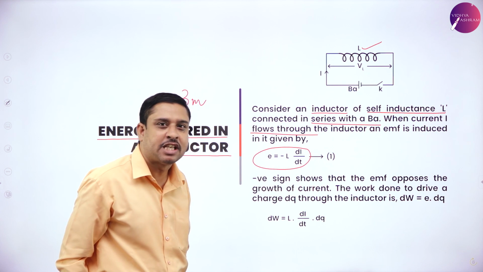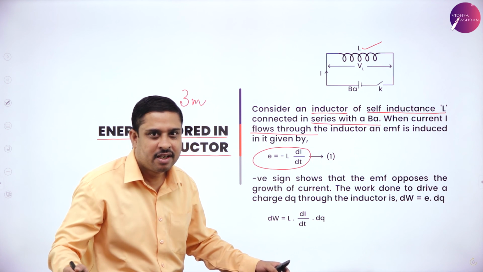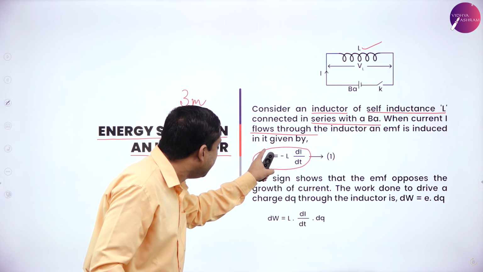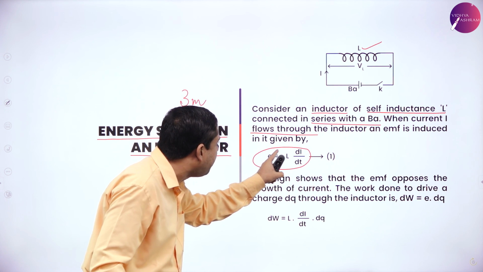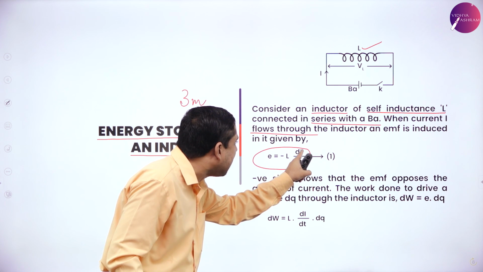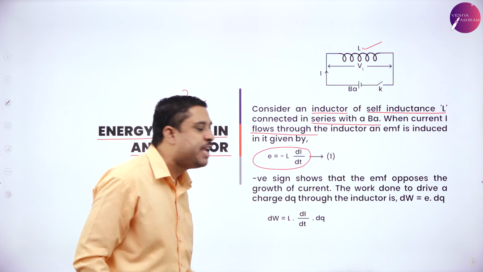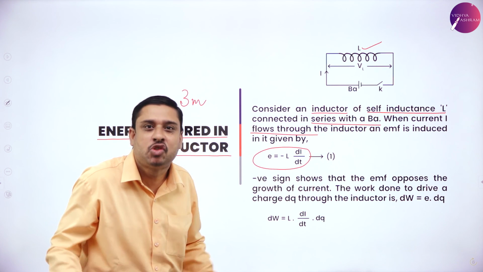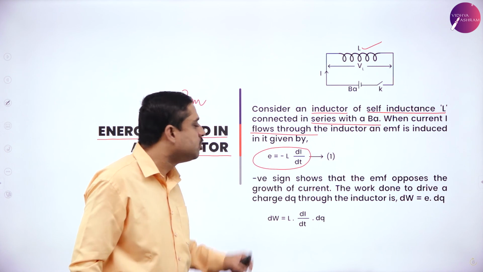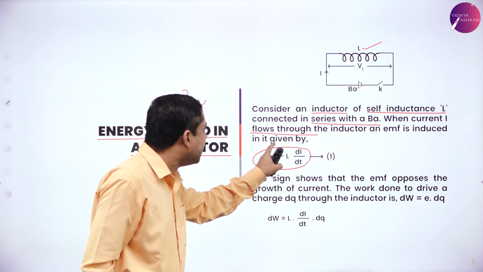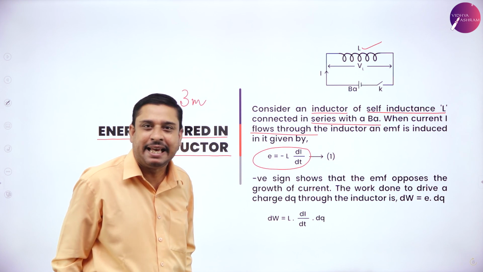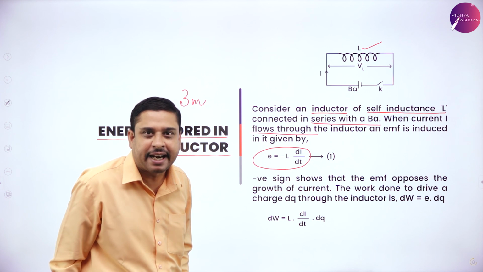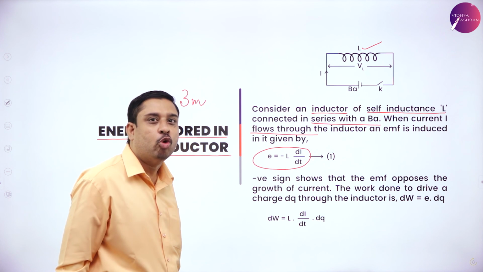What did the negative sign show? It shows the induced EMF opposes the current which is flowing in the circuit. In accordance with Lenz's law, the induced EMF is opposing the growth of current in the circuit.